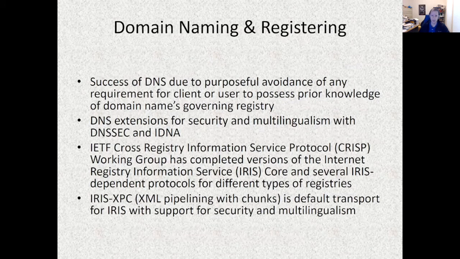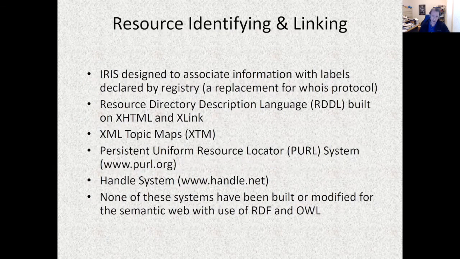Certainly, Iris DNS began with the history of the domain name system and the Iris registry system for domain names. And of course, along the way, we've always had this problem of how to do resource identification and linking on the internet and the web.